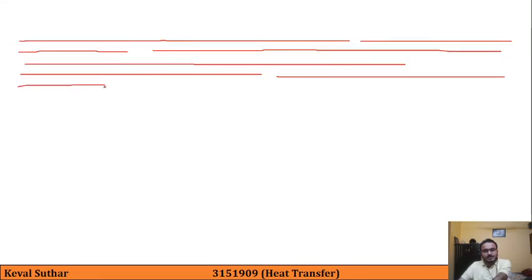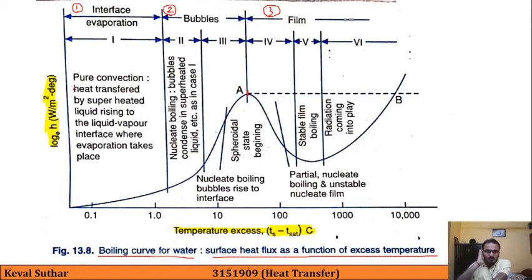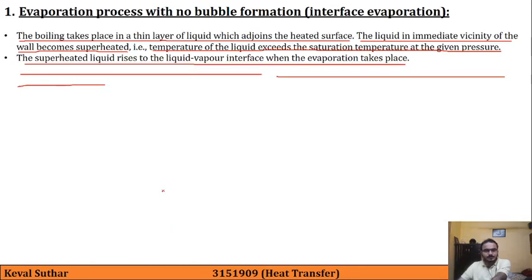And this can be seen here also, that the growth of heat flux with the temperature excess is comparatively slow. Till the interface evaporation, heat flux slowly increases with the temperature excess.